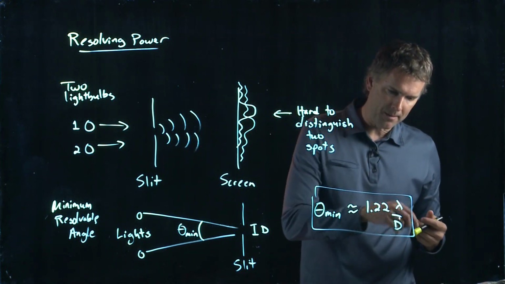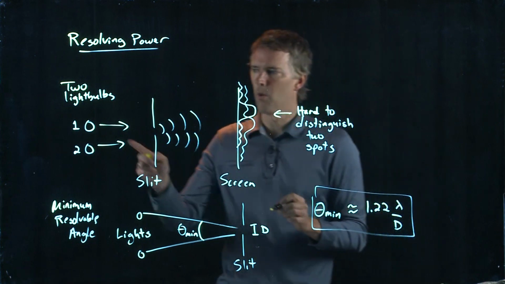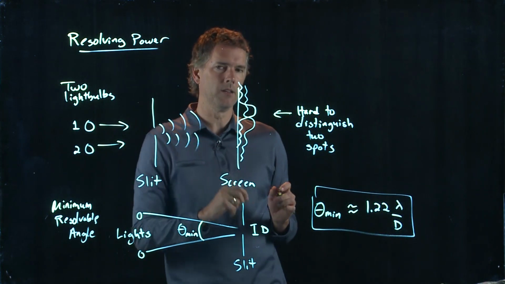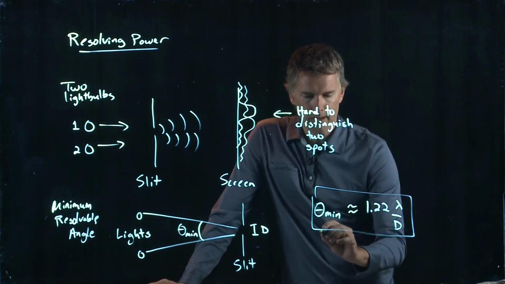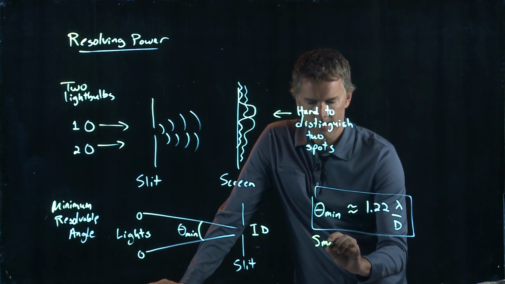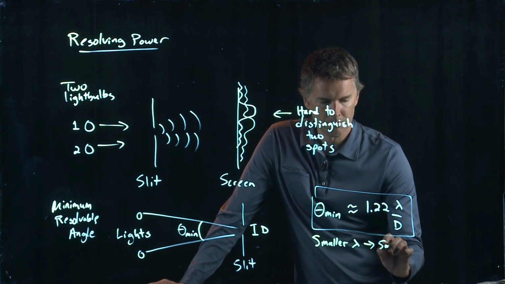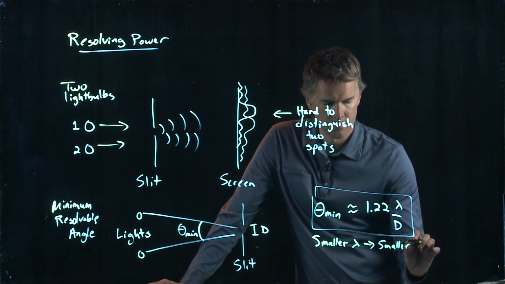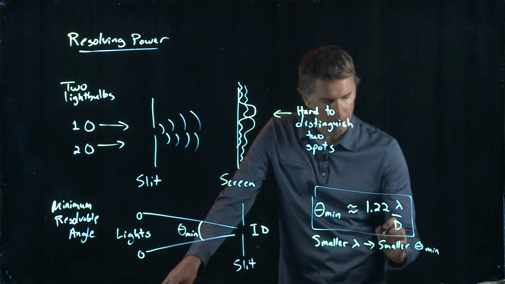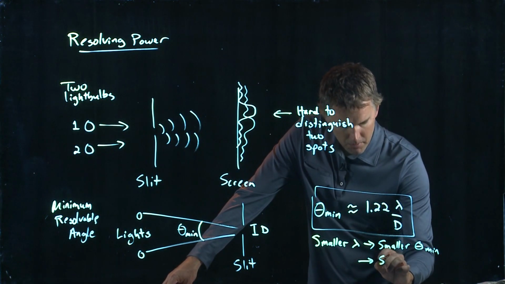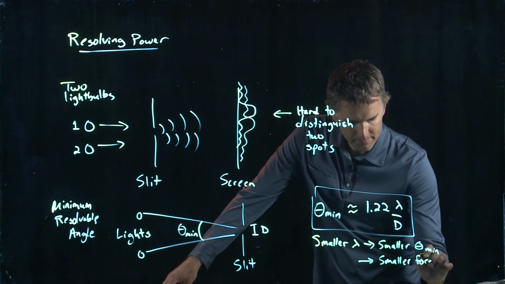But what about this lambda, okay? Lambda is the wavelength of the light going in. And this means that smaller lambda goes to smaller theta min, or smaller focal spot.